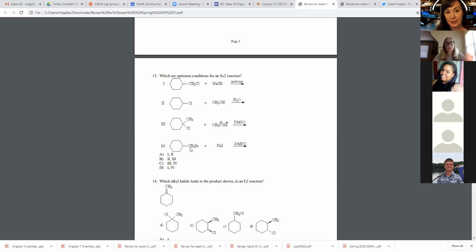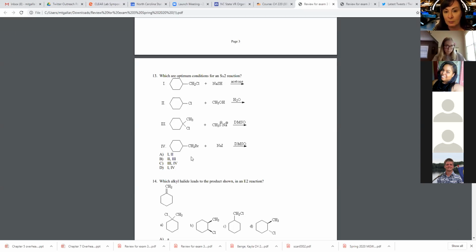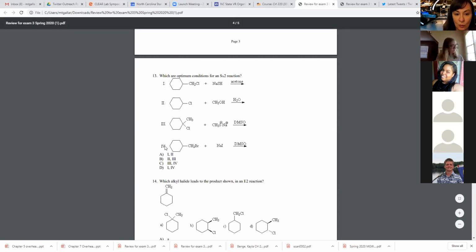Primary. So of the things that are listed here, there's only 2 of them that are primary. Those would be the ones that I would consider first because they're asking me for optimum conditions. You agree with me? Yes. So I would have to consider number 1 or number 4, okay?